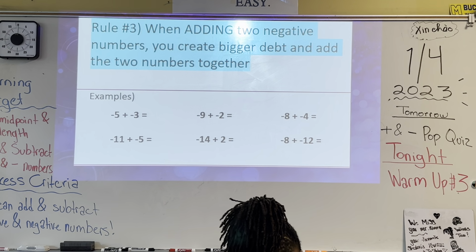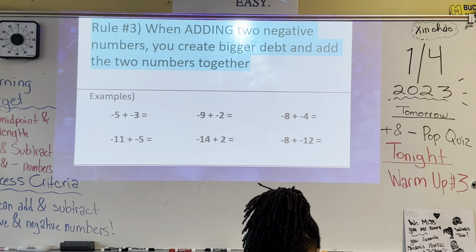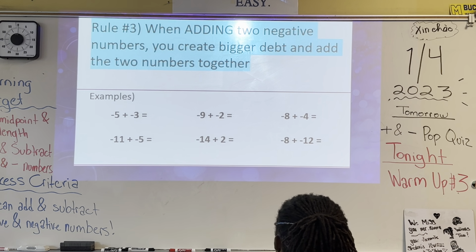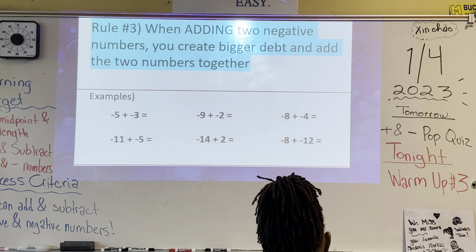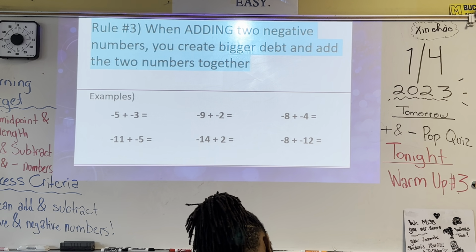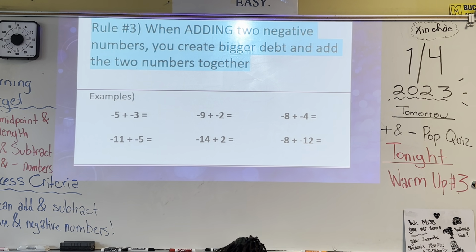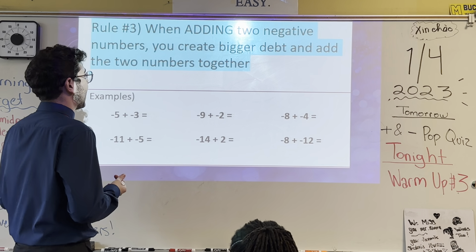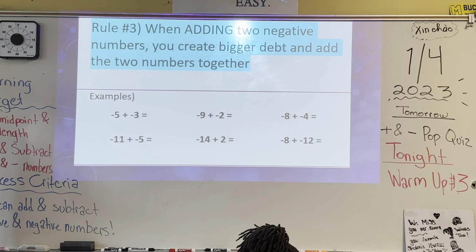When adding two negative numbers, you create bigger debt and add the two numbers together. Bigger debt, bigger negative.